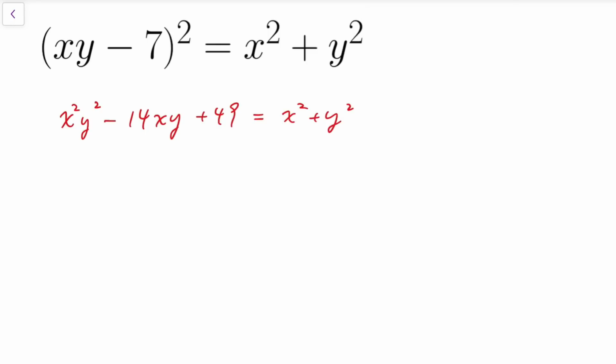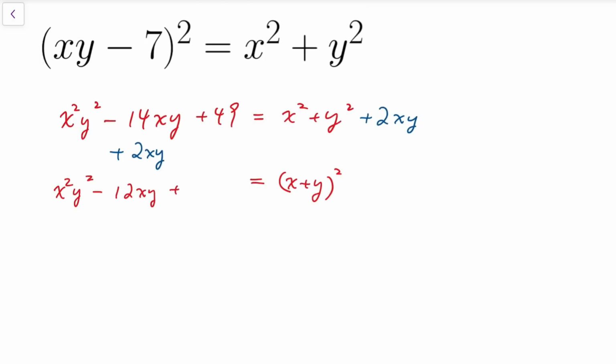Then I'm going to add 2xy on both sides. So then the right side will have (x + y)², while for the left, we have x²y² - 12xy + 49.